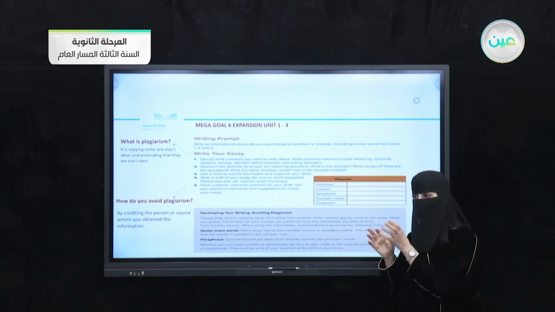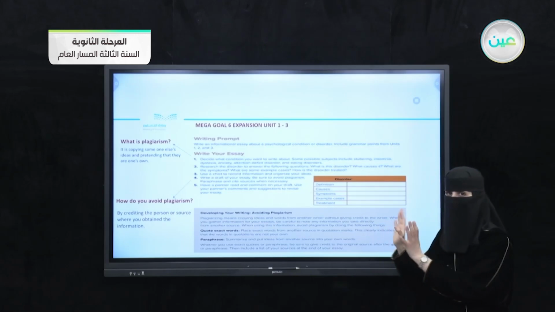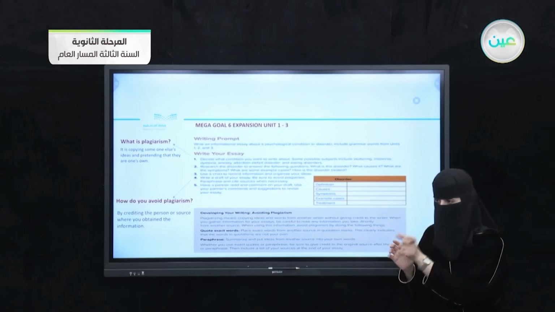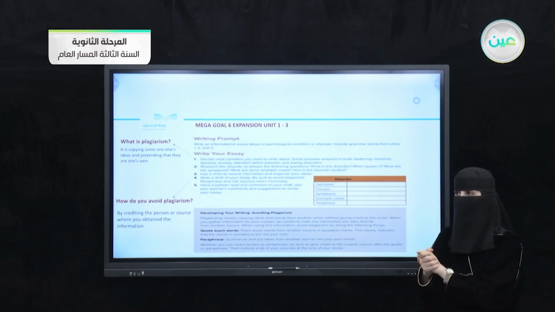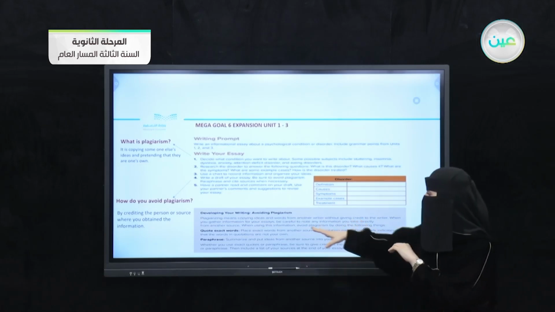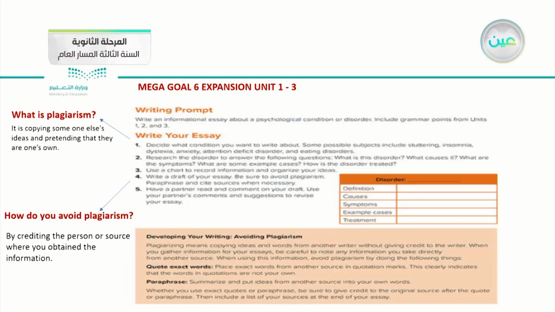That way I avoid plagiarism and give credit to the writer who already wrote it. After that, they give a quote, exact words. As I mentioned, place exact words from other sources in quotation marks.